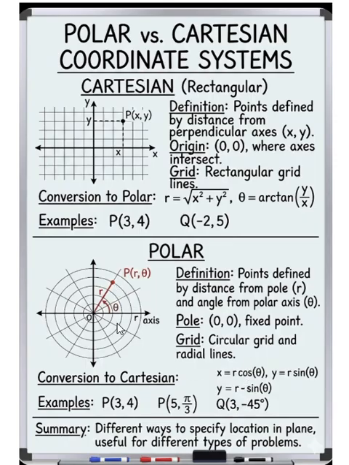Similarly, r sin theta means how much distance the point is away from the x-axis.